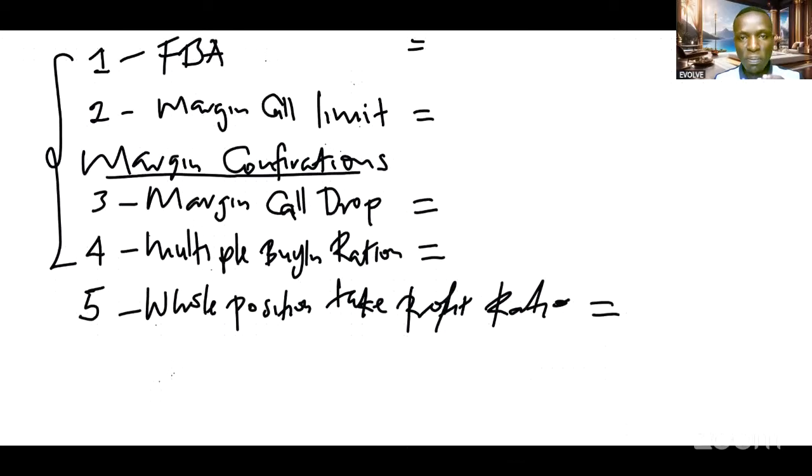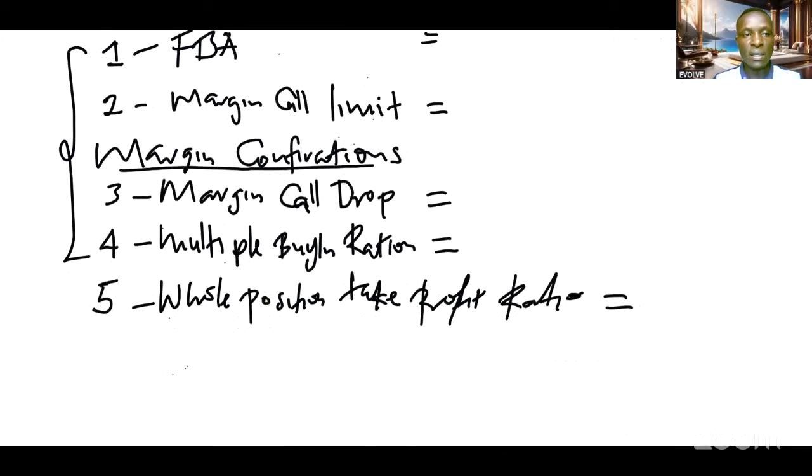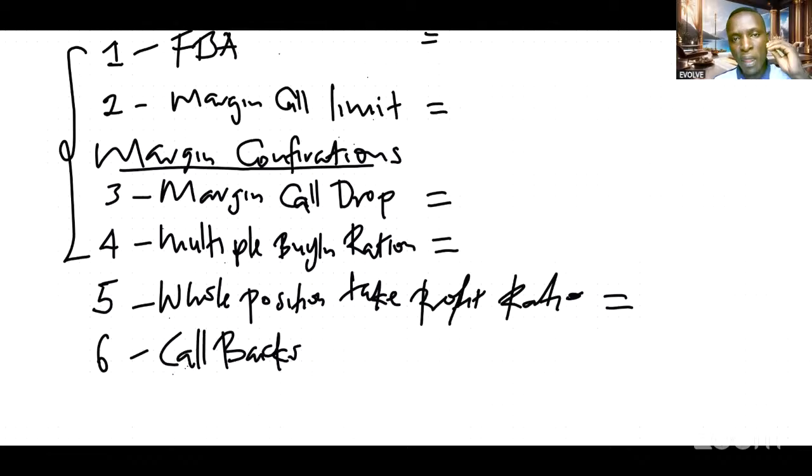We are trading in the spot market. And then we have number 6, which is the callback. In callback, there is take profit callback and buy-in callback. I'm going to explain those as well.